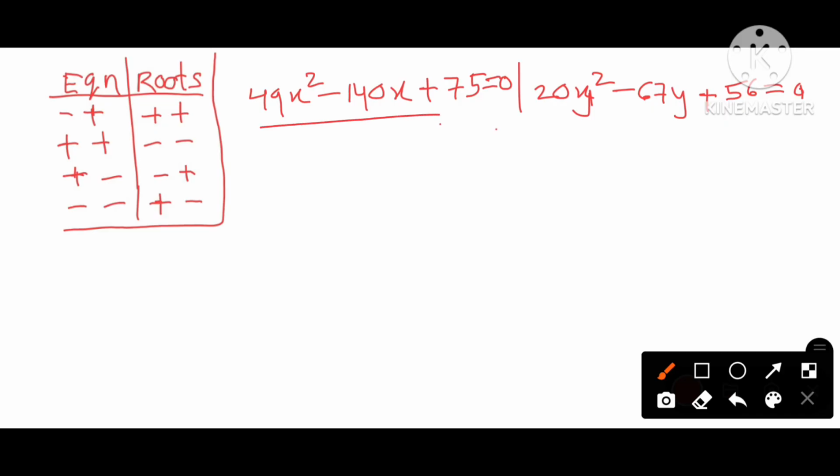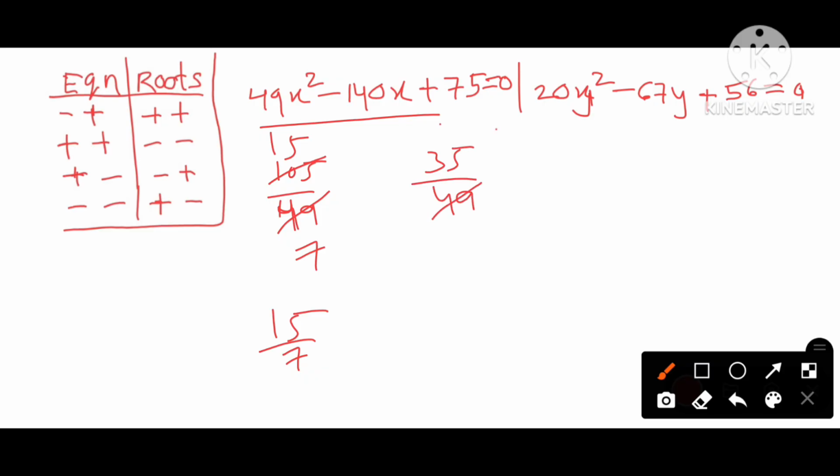The roots we got here are 105 divided by 49, and simply doing this with 15 times, the root is 15 by 7. One more root we got is 35 divided by 49, which is 7 times 5 and 5 times 7, so we get 5 by 7 as one more root.